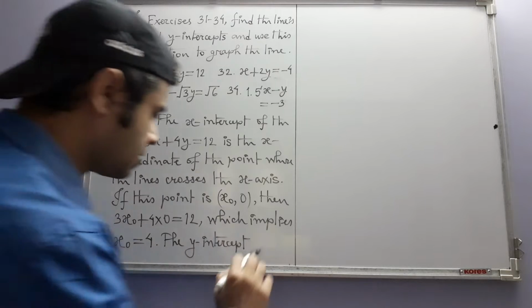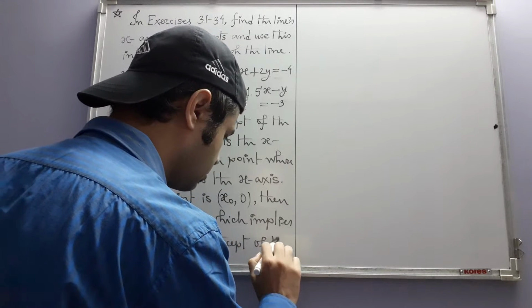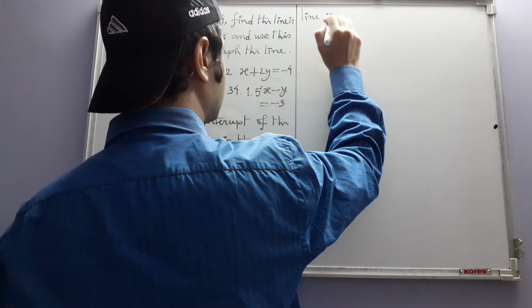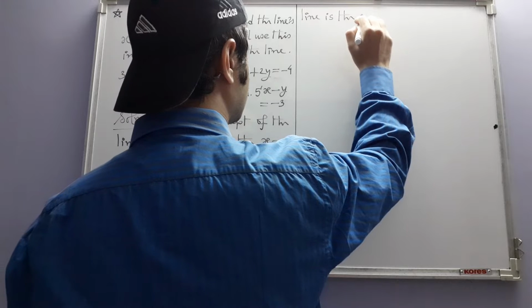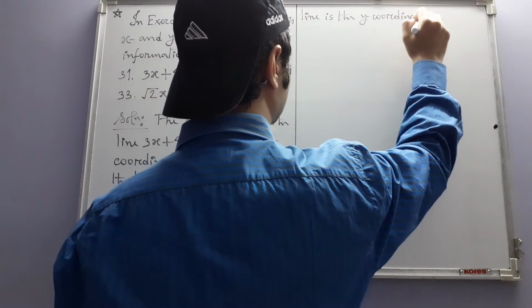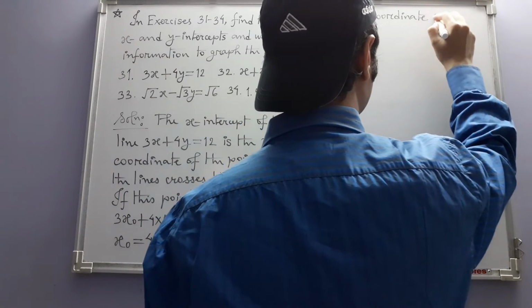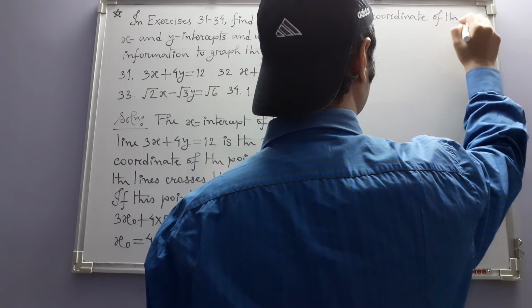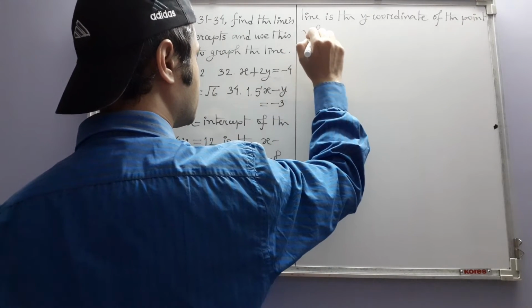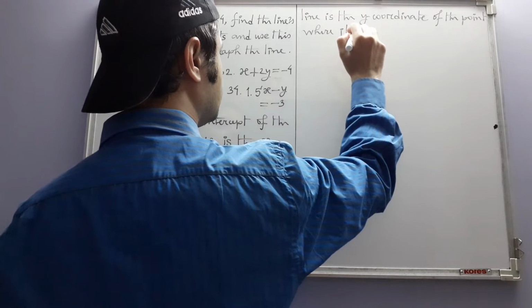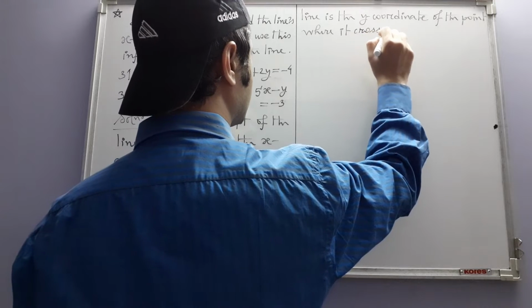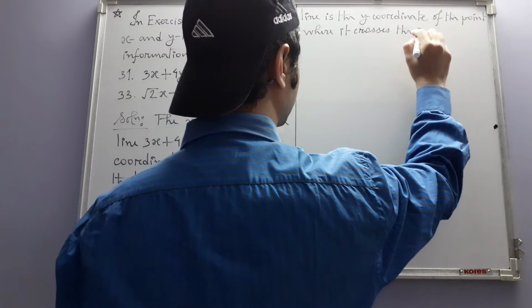the y-intercept of the line is the y coordinate of the point where it crosses the y-axis.